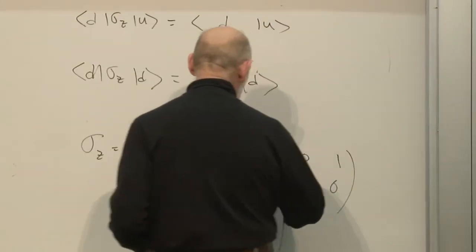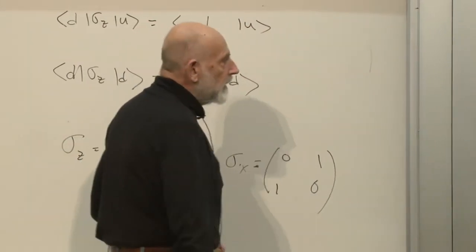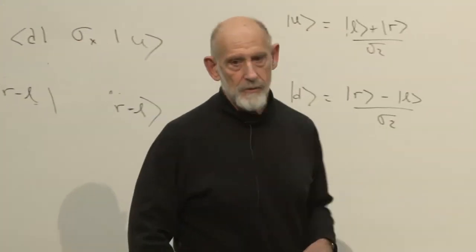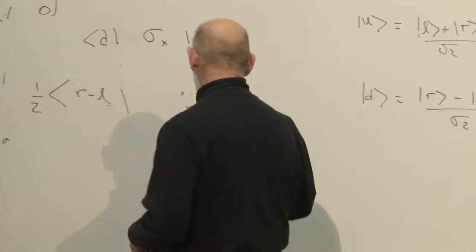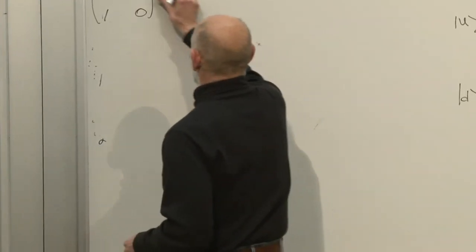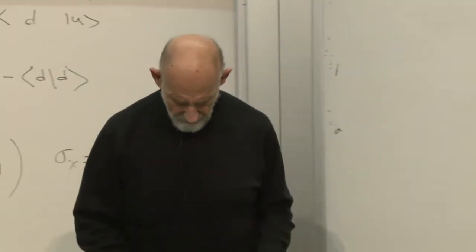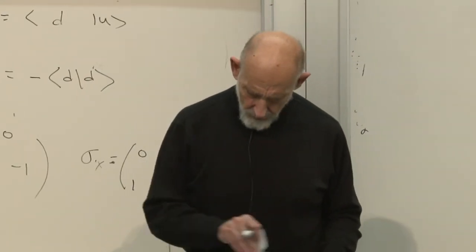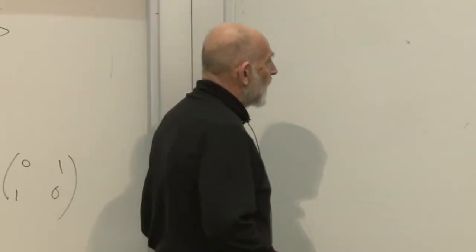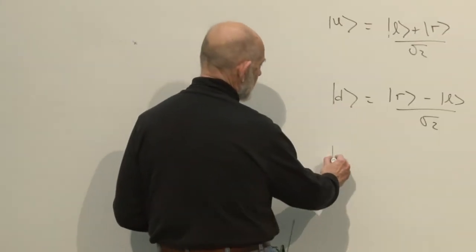All right, the next one is sigma y. Here I'm going to leave some of the algebra, it's very easy, but let's see what the rules are. We know the rules. So there was in and out.